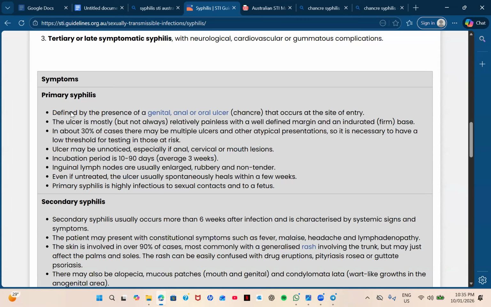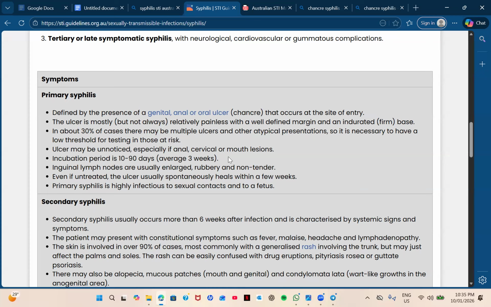So, in primary syphilis, we can see a genital, anal, or oral ulcer. We call it chancre. This chancre has a well-defined margin and indurated base. Now you should imagine the picture. The chancre is painless, and in most cases it can be unnoticed.